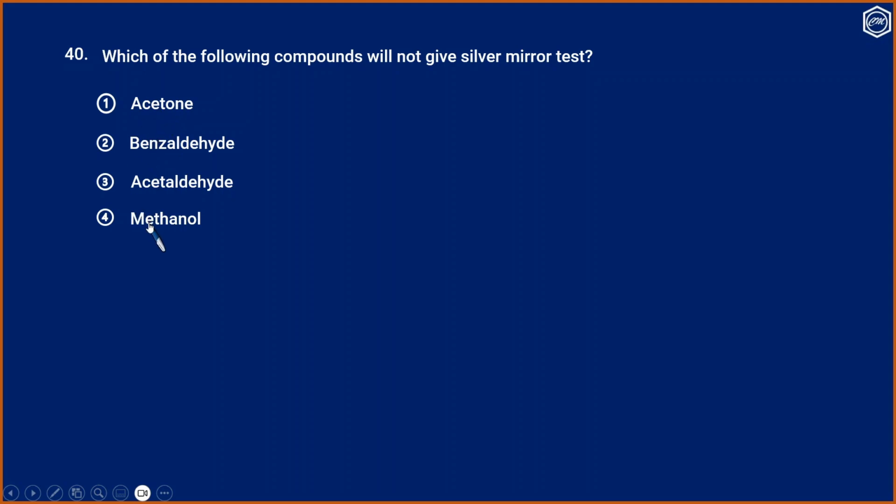Here the fourth option is methanol, but that is the wrong answer. So the correct answer is acetone.